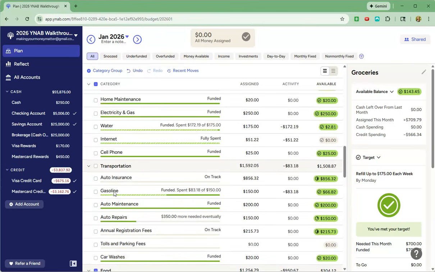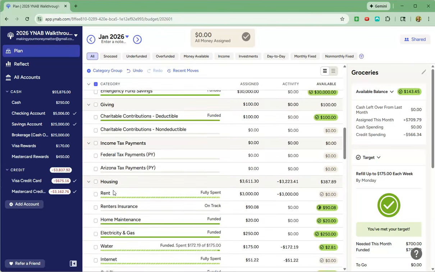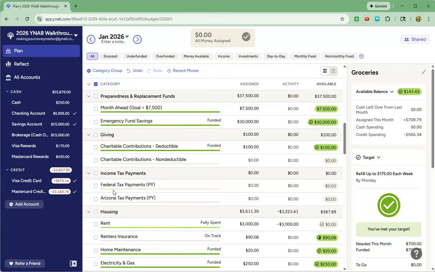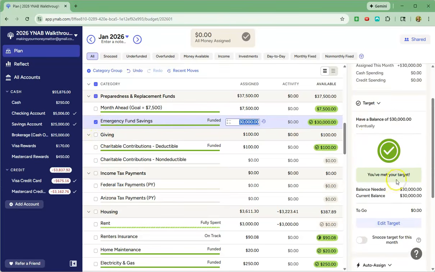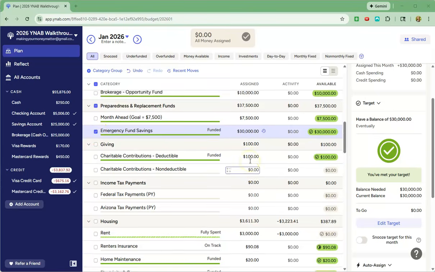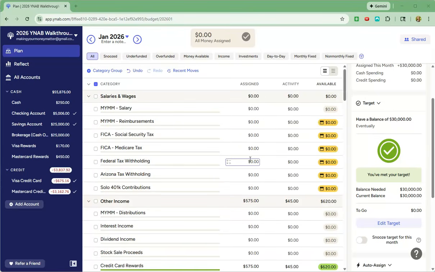For unpredictable expenses such as my emergency fund, auto repairs, and vet expenses, I use the have a balance of target, and I try to keep a set amount funded at all times for peace of mind. So when I do need to pull from these categories, I make sure that I refill them as soon as I can.